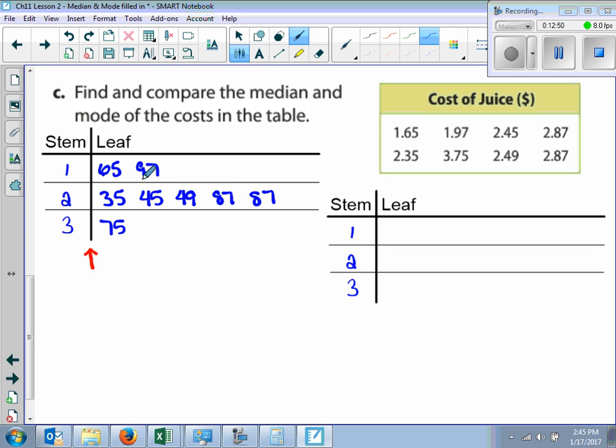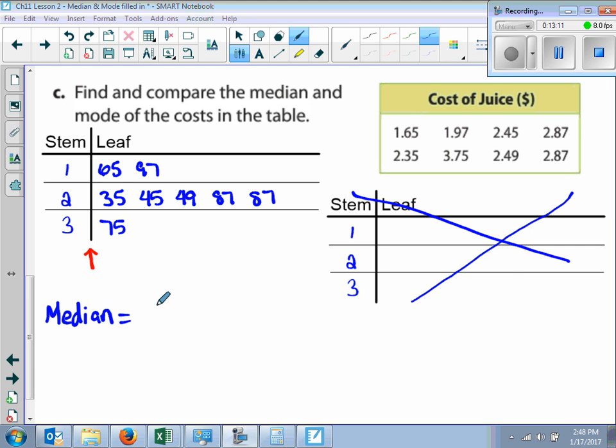Now, if you look at this list, you can see that it's already in order from least to greatest, so we don't have to do a second stem and leaf plot. So now we can find the median and the mode.